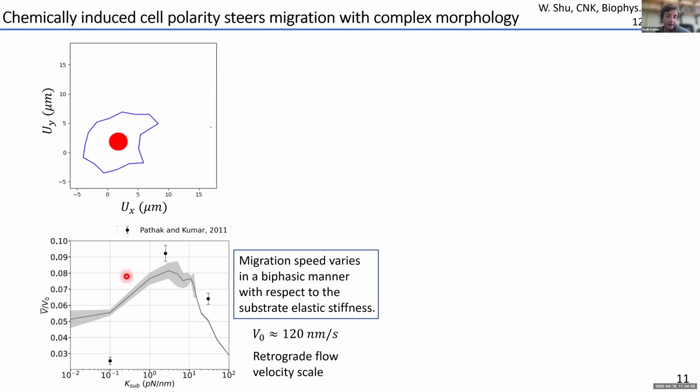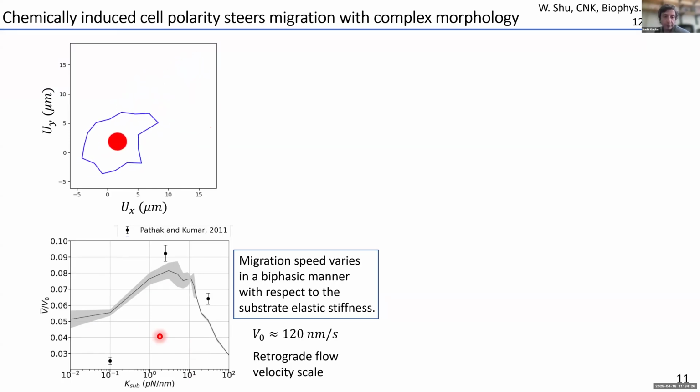We can find this biphasic behavior as a function of cell speed, which is defined as the speed of the nucleus over time. What you see here is an average over the simulation time and over many cells that we took. This is the simulation result, and we find good agreement with experiments.